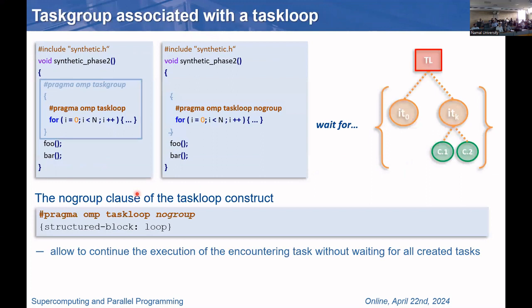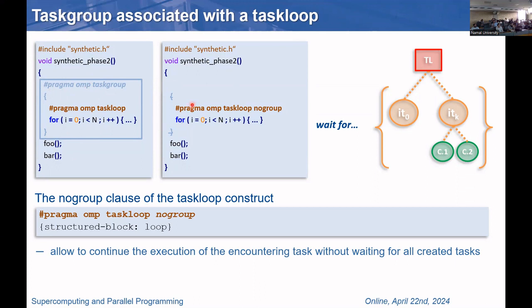Okay, and then we have the taskgroup. We have seen that before related to the taskwait. In a taskloop there is an implicit taskgroup that encloses all the tasks that are created in the loop.